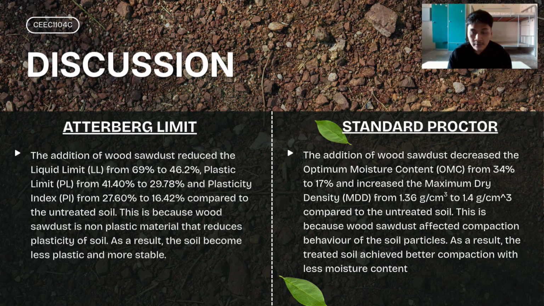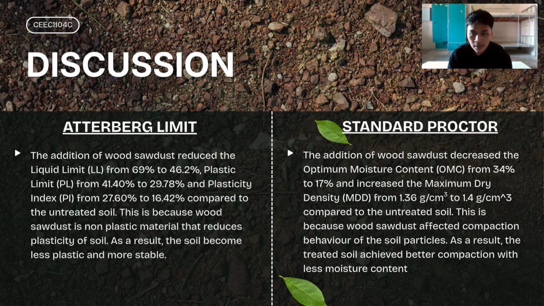Standard proctor test. For the standard proctor test, the OMC decreased from 34% to 17%, while the MDD increased from 1.36 g/cm³ to 1.40 g/cm³. This means that the treated soil required less water to reach its maximum compaction level.